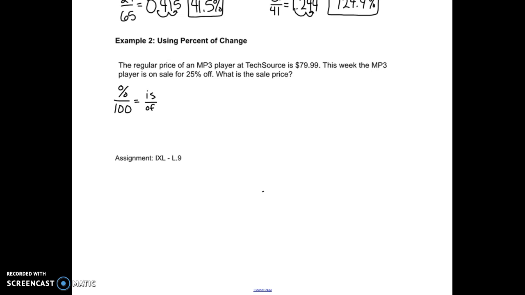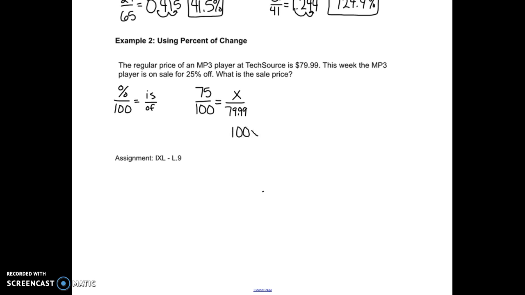So the percent, we're actually paying 75%. So 75 over 100 is equal to, we want to figure out how much we paid. So the whole amount was $79.99. The part is what we want to figure out, how much we paid. So again, this is just like a proportion. So we're going to cross multiply and divide.